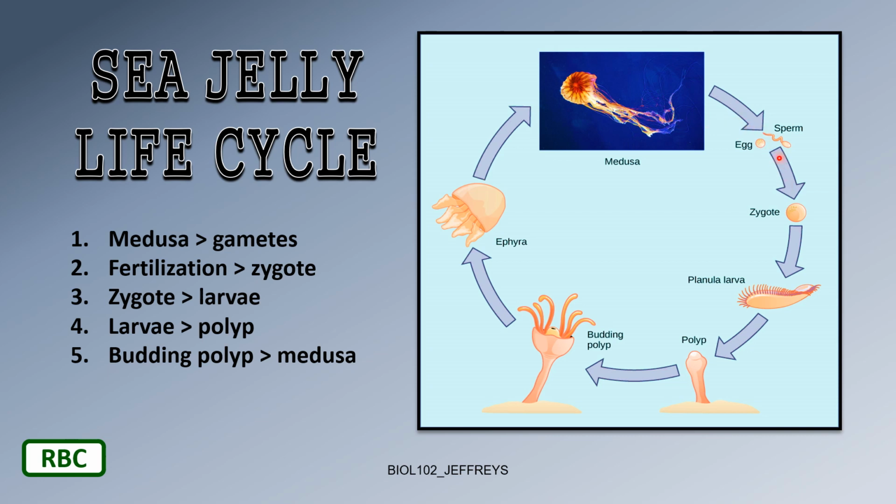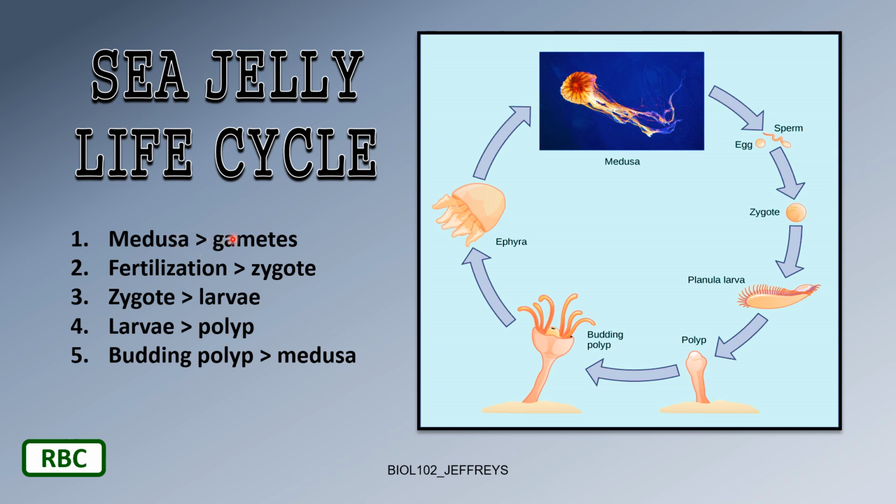Sperm fertilizes the egg or ovum to make the zygote. The zygote turns into the larva. The larva is free swimming, but once it finds its spot, it fixes itself, becomes sessile, and grows into a polyp. The polyp gets larger, it buds, and when it buds, new medusas.